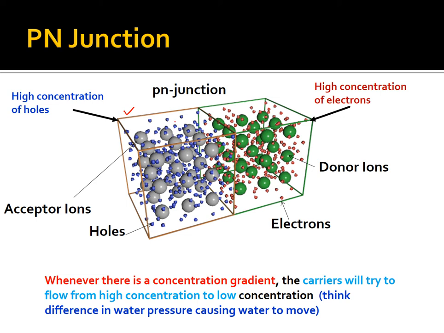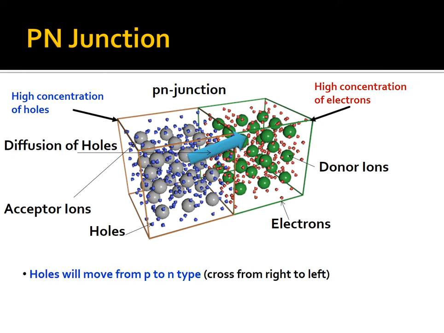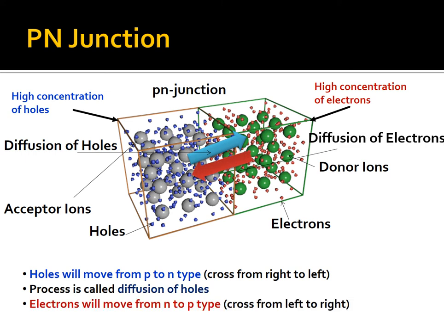From this side, because the holes have high concentration, holes will diffuse towards the n junction, and from this side, because the concentration of electrons is high, electrons will diffuse towards the p-type semiconductor material. So there will be movement of the holes towards the n-type, and diffusion of the electrons from the n-type to the p-type.